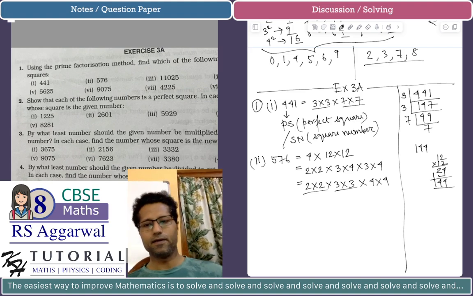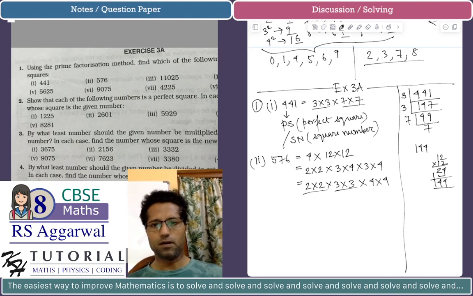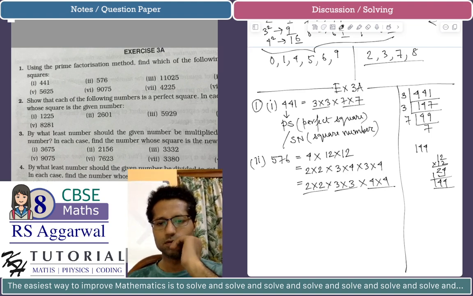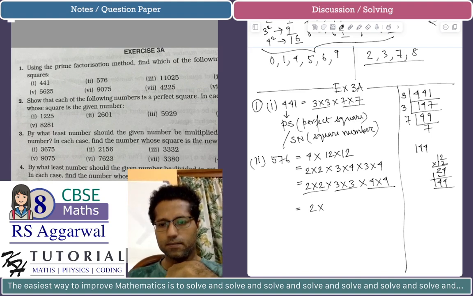So we are indeed getting pairs of equal factors. So basically this is 2 multiplied by 3 multiplied by 4 whole square.